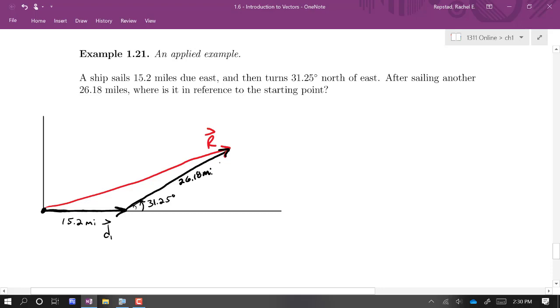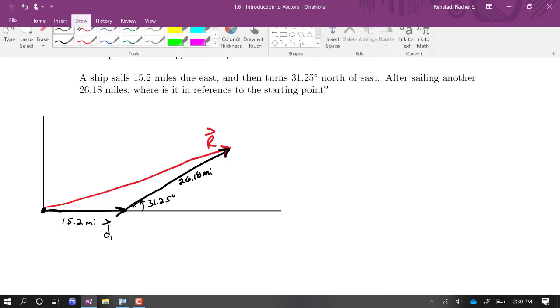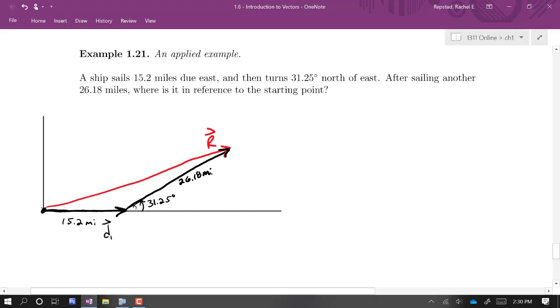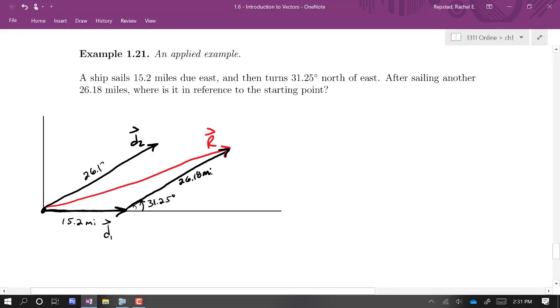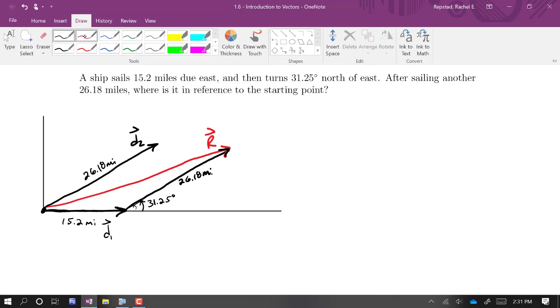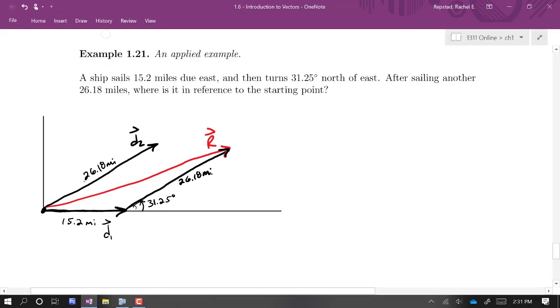And then this vector is D2, but I'm going to draw it so that it starts at the origin. So this is D2. It's 26.18 miles. And the angle there is 31.25 degrees.